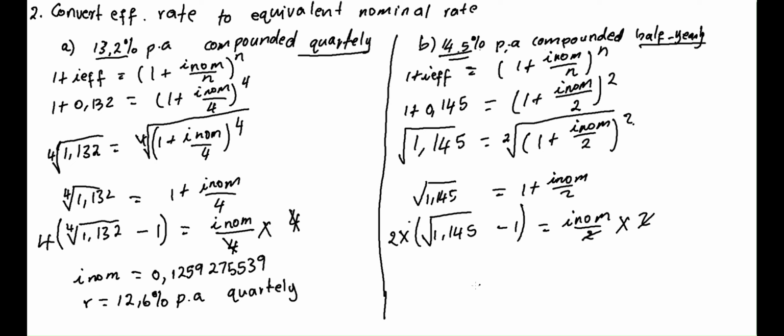So our nominal rate, when you punch your calculator, is going to be equals to, what I found is 0.14009345559, and then you're going to multiply this by 100. When you multiply this by 100, you are going to be having 14% per annum compounded half yearly.